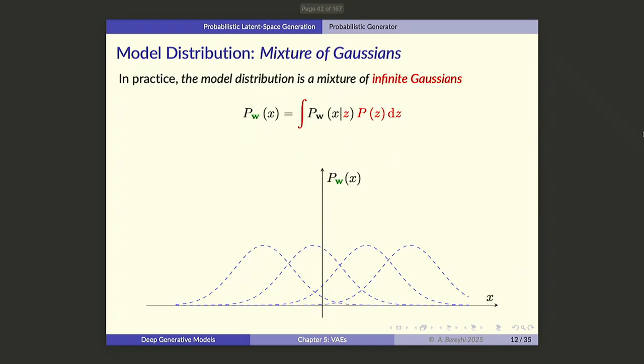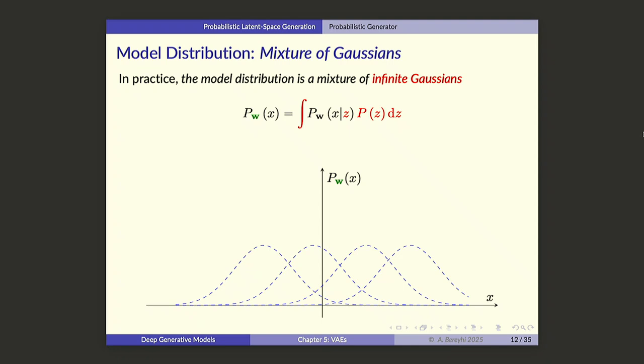So if you want to think of a general case, you have one conditional distribution, which, as I told you, you most of the time consider a Gaussian. And this means that for any value of z, the z value here is actually specifying the mean value of these Gaussians, right? For any value of z, you're going to have one Gaussian at a different point.